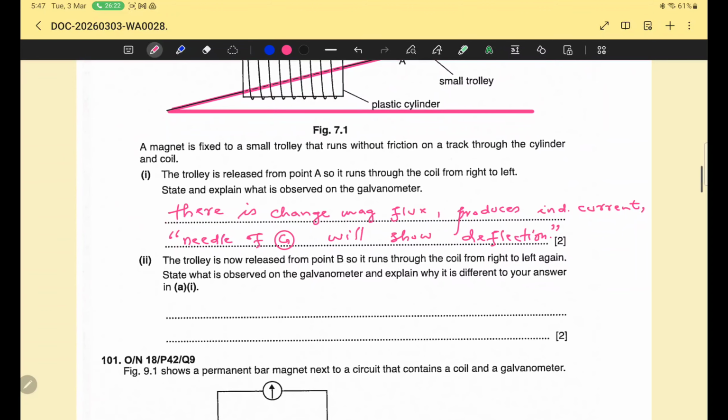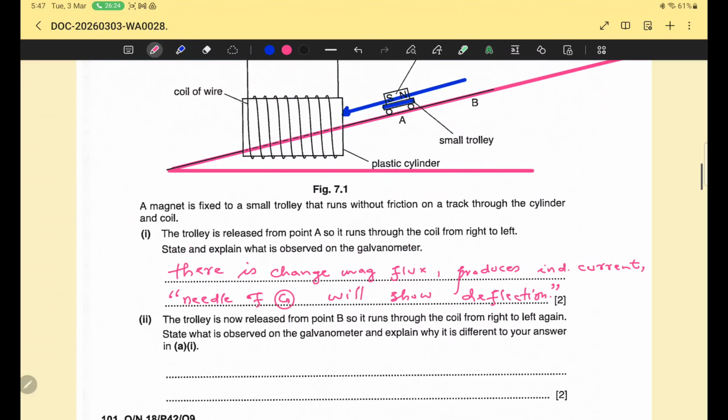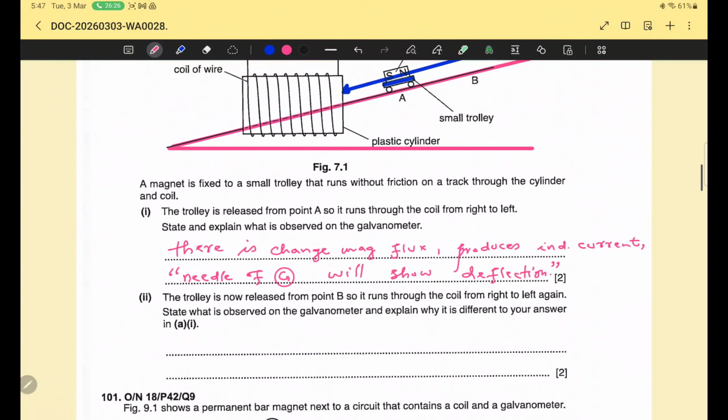And when a trolley or magnet enters into the coil at a faster speed, there is greater change of magnetic flux. There is greater induced EMF. There is greater induced current. And when there is a greater induced current, then obviously the deflection will be greater.